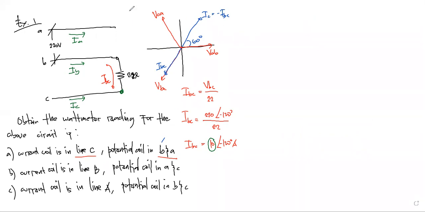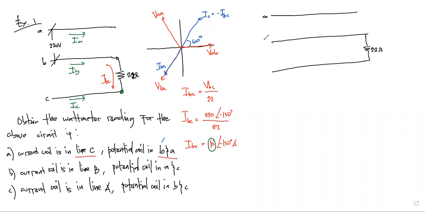For the second case, that is letter B, we redraw the given circuit, with the load as indicated, that's 22 ohms. This would be A, B, and C. The current coil is in line B, so we have here the current coil inserted in line B.